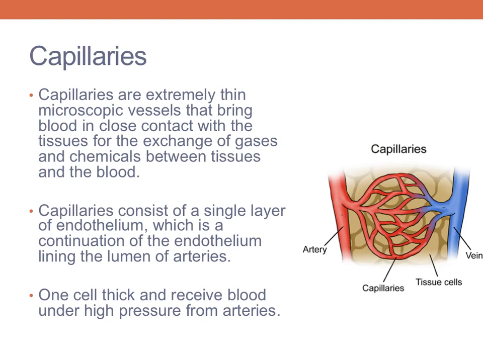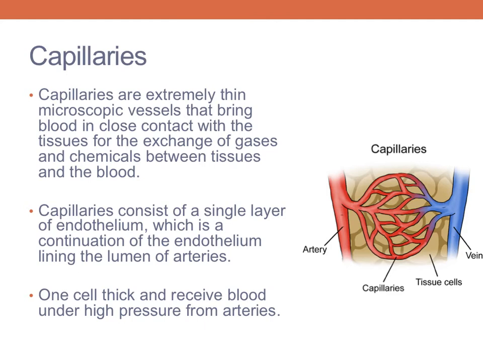On to capillaries. Capillaries are where the blood vessels come in contact with the cells that they are trying to deliver nutrients and gases to and remove wastes from. So they are extremely thin, microscopic vessels.